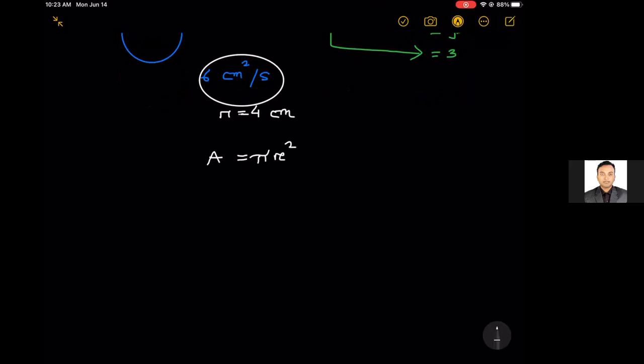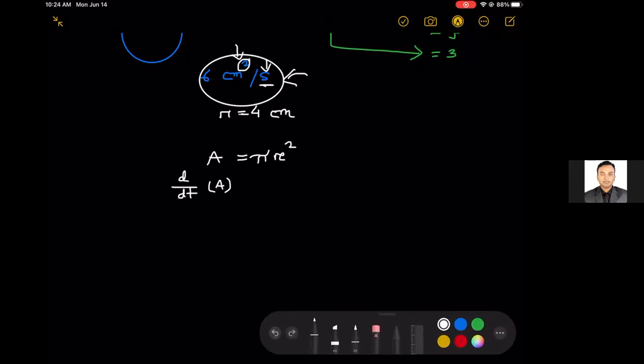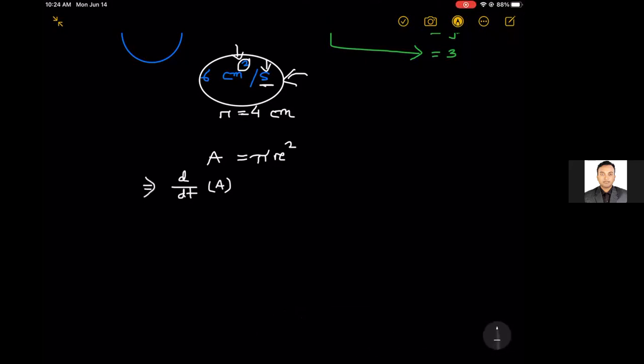And the rate of change of the area is given. I can eyeball it from the units. The squared sign signifies it's the unit of area, and this is the unit of time. So area over time, that means this is dA/dt. And obviously, whatever you do, we need to do that on both sides. So we need to take d/dt on our right as well.